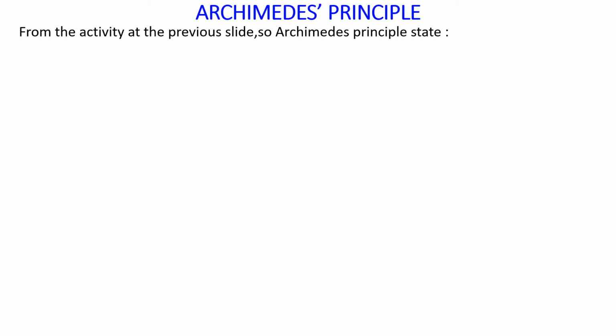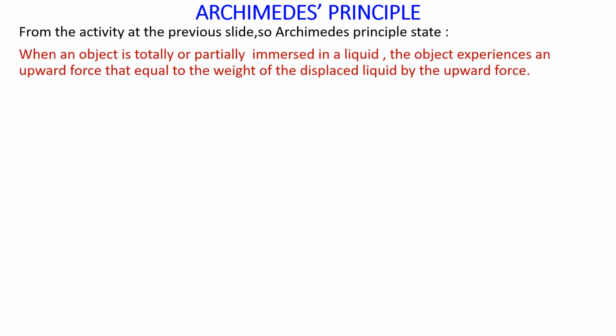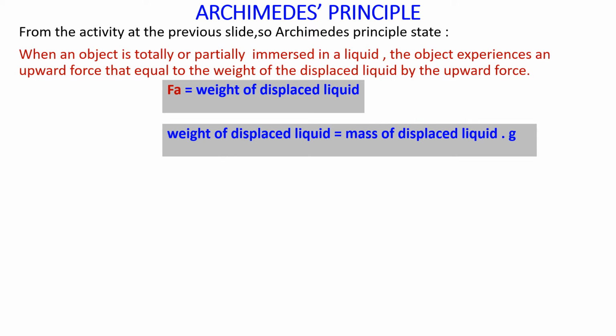From the activity at the previous slide, Archimedes' principle states that when an object is totally or partially immersed in a liquid, the object experiences an upward force equal to the weight of the displaced liquid. So, Fa equals the weight of displaced liquid.